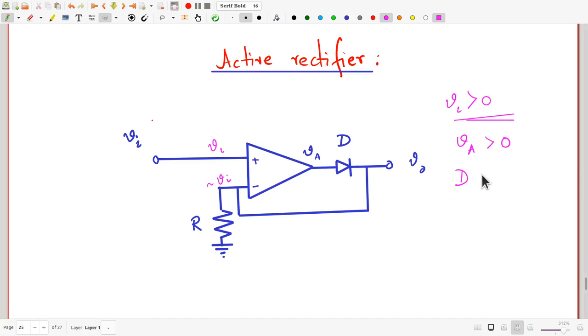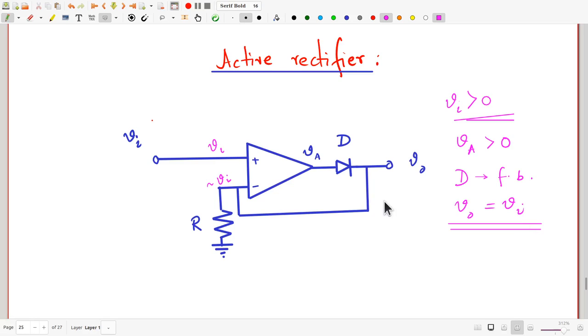So the diode will be forward biased, and that will complete the feedback loop and ensure virtual ground, as long as the output stays within the plus Vsat limit, and Vo will be exactly equal to Vi because of that. And at least for the positive half cycle, our circuit does behave like a rectifier.